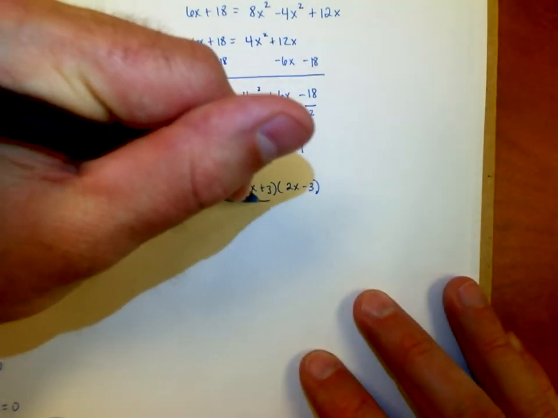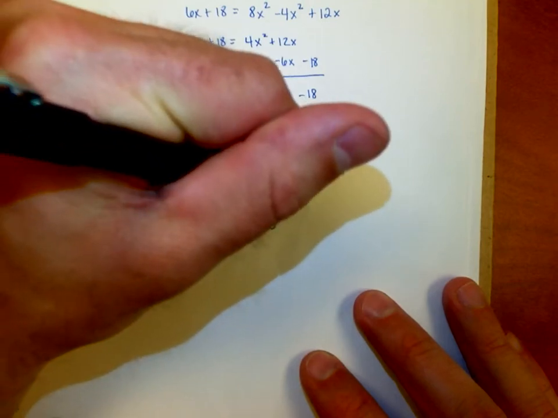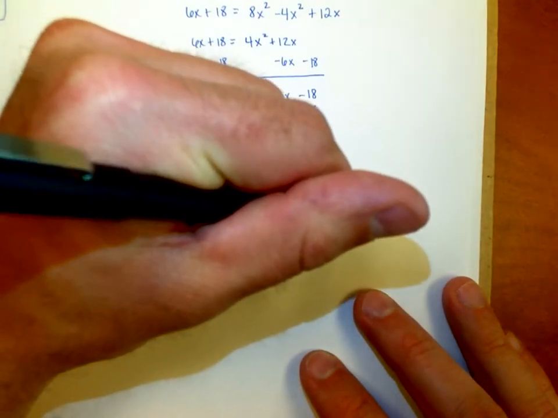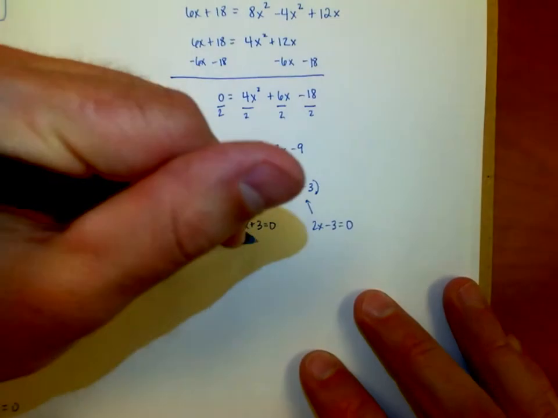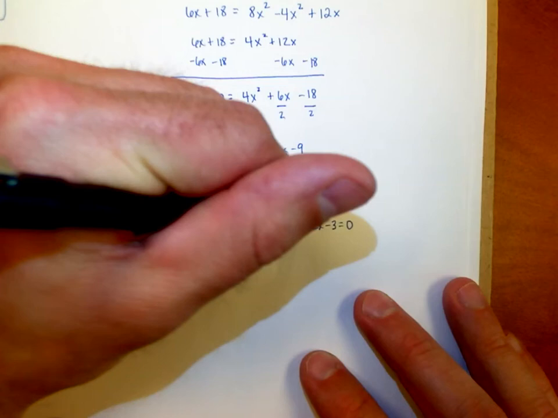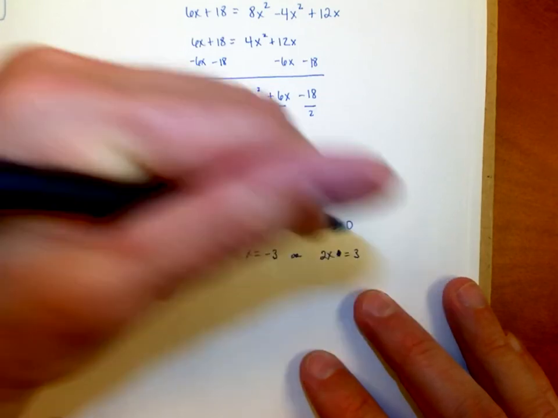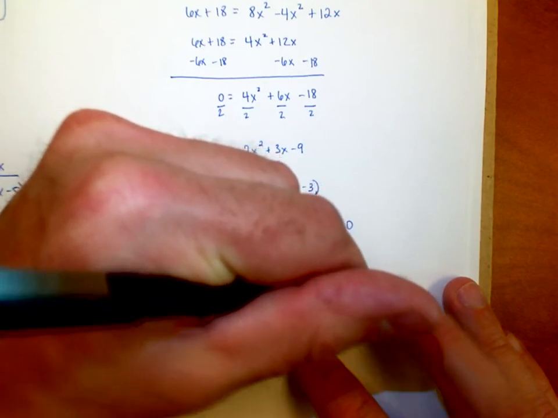That means then that x plus 3 is equal to 0, or 2x minus 3 is equal to 0. So if I subtract, that means x equals negative 3 from the left one, or 2x is equal to a positive 3, which means x is 3/2.